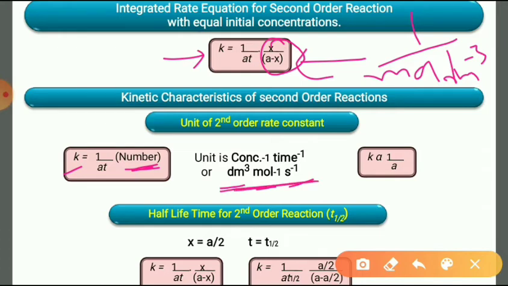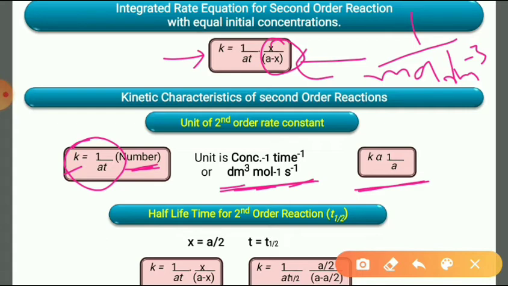Again if you consider this equation, the relation between k and a can be written like this: k is inversely proportional to initial concentration. So this is the relation between k and a here.